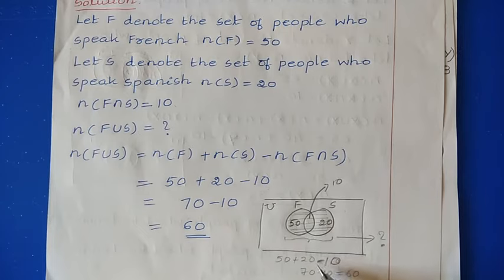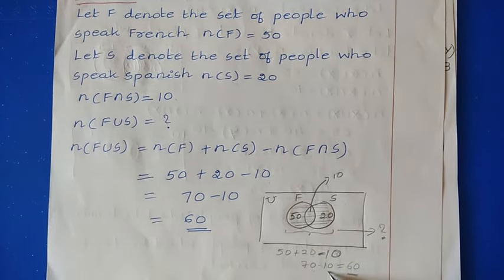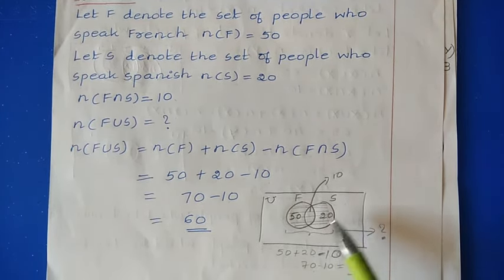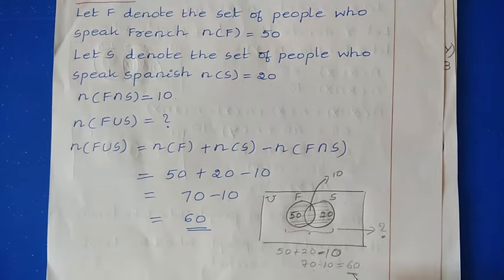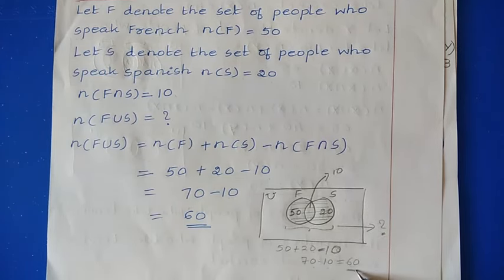But there may be some common elements in the F set as well as the S set. So if I add these two, those elements may be counted twice. That's why I deduct 10, the common elements between F and S: 70 minus 10. So I get the answer as 60. So by using the Venn diagram also you can calculate the answer.